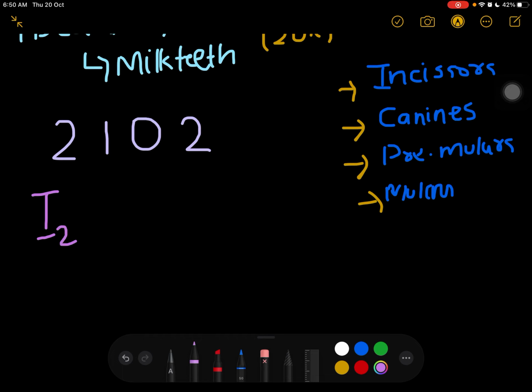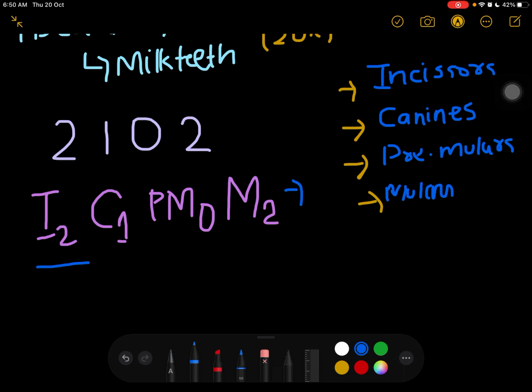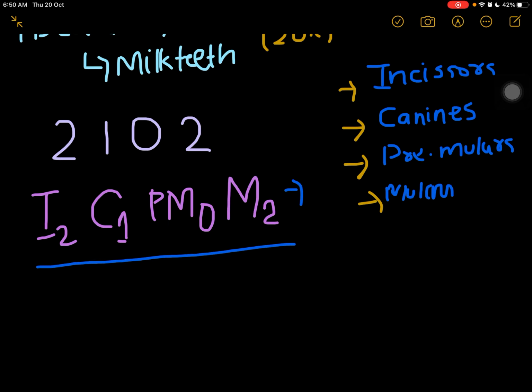So now first we will take I2, incisors 2, canine 1, premolar 0, and molar 2. So this was about the upper jaw. Now we will write the same for the lower jaw.